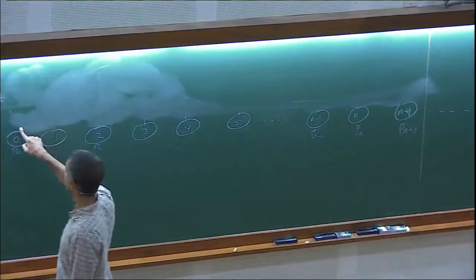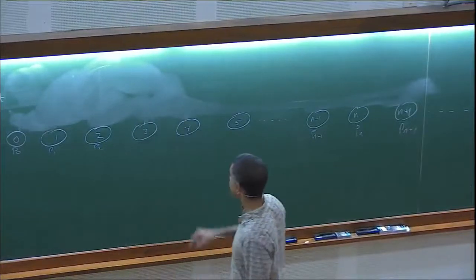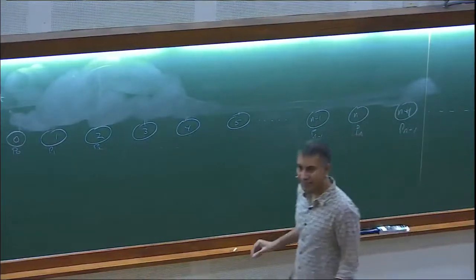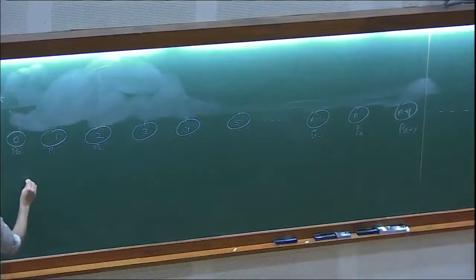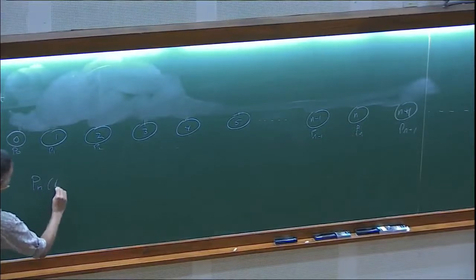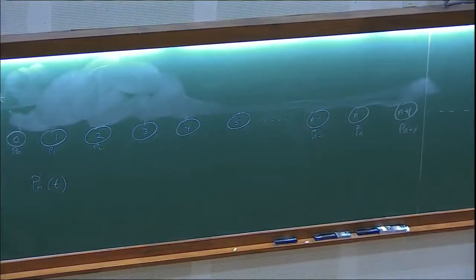Now, I think about a certain time point. And I say, at time point t, I had some Pn. For all n, any n you give me, I tell you how many cells there were at time point t, right?